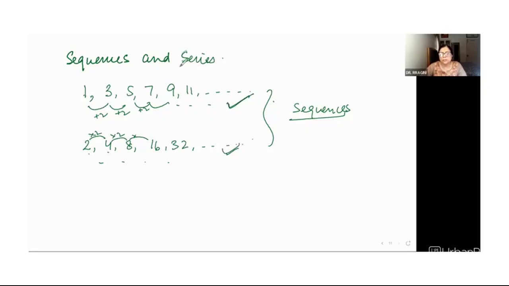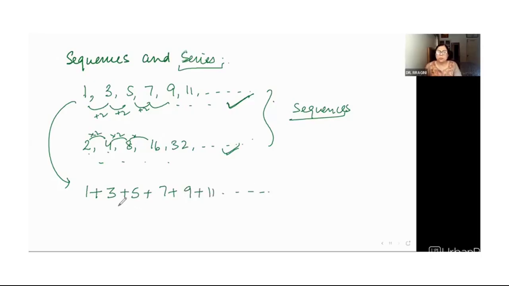Now, what is a series? A series is when these numbers which follow a pattern are written with a plus sign between them, right? If I write the same numbers, instead of putting commas, I am putting a plus sign between them, then they form a series.